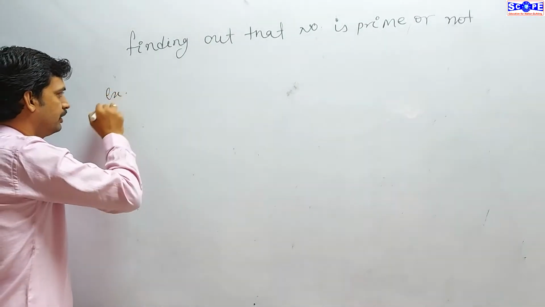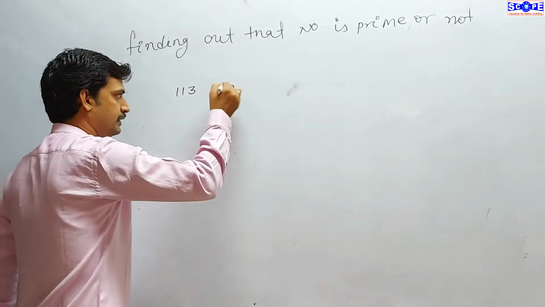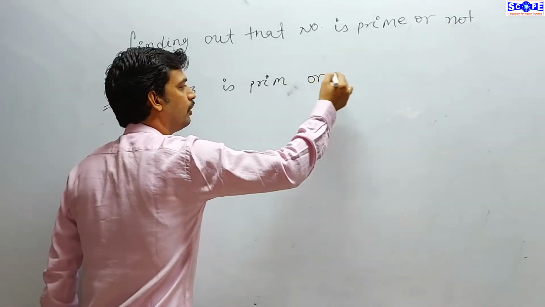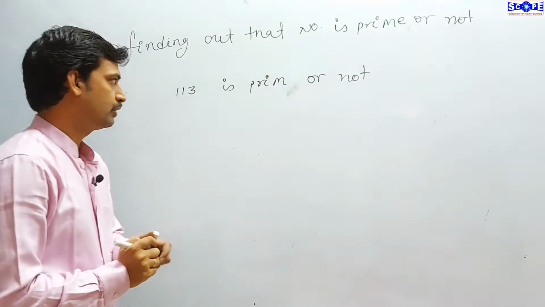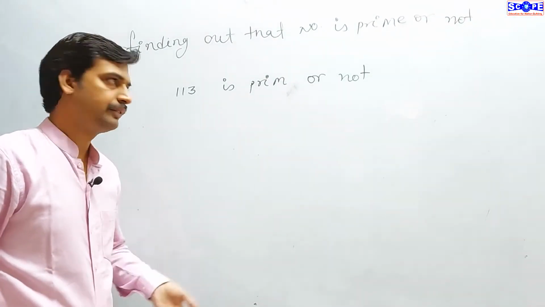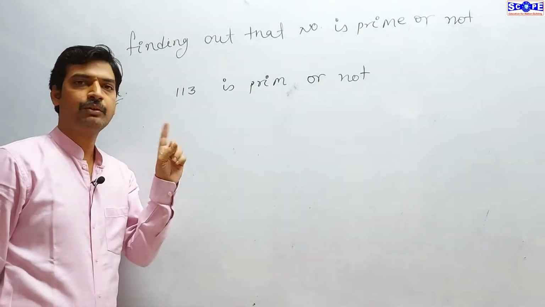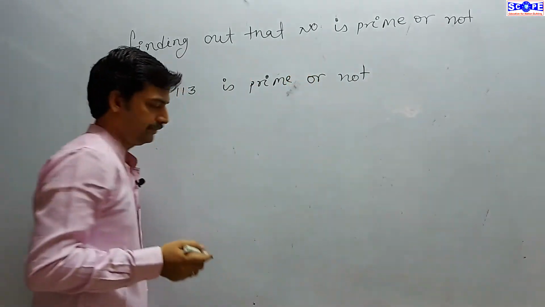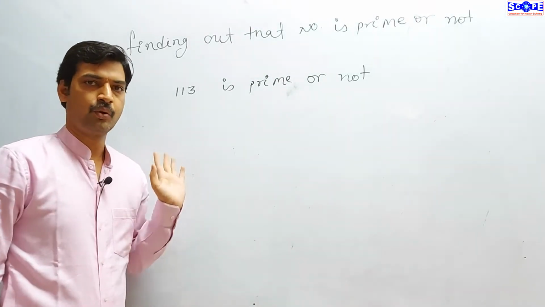So for example, I am taking 113. Is it prime or not? The basic approach is what? We try to divide this number one by one. If it is prime, then it is divisible by only 1 and 113. No other factor is there.